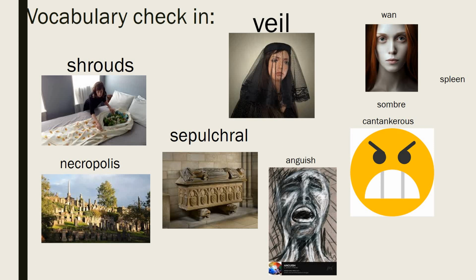And that final image on the bottom left there, necropolis. Now that particular necropolis is in Glasgow, and I have been there. A necropolis is a place for burial, a bit like a graveyard, if you like, or a cemetery, but it doesn't necessarily have to be associated to a church. It's hallowed ground, but it could be in a slightly separate place.